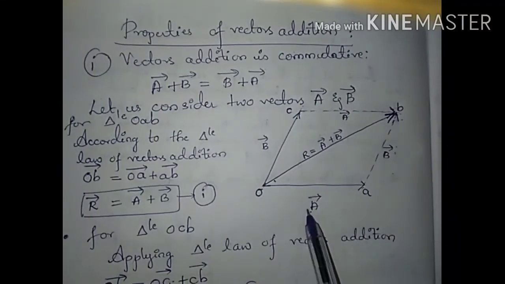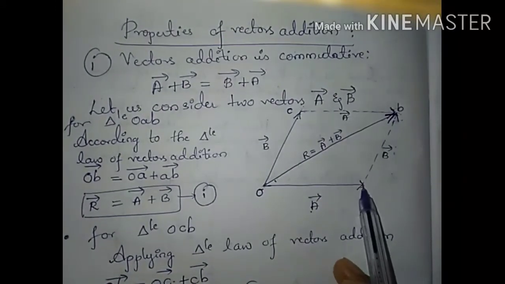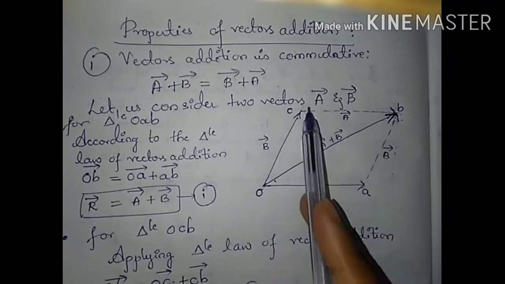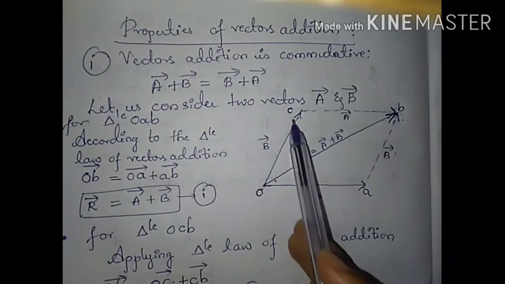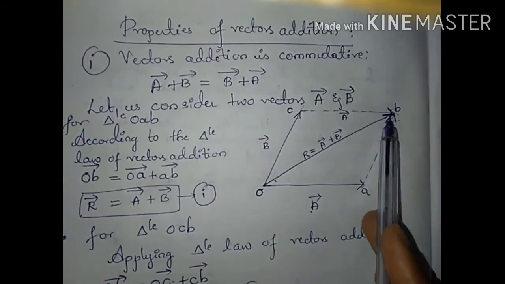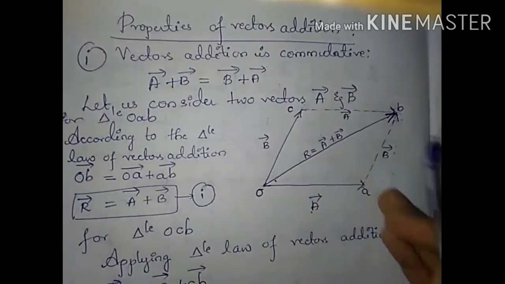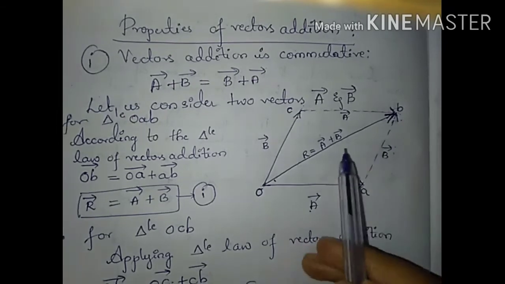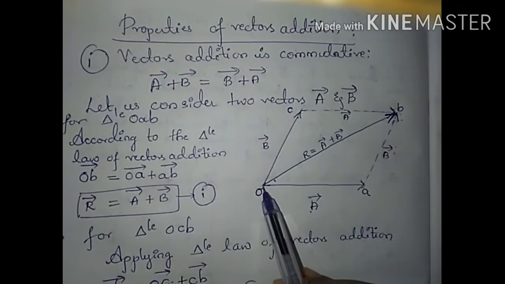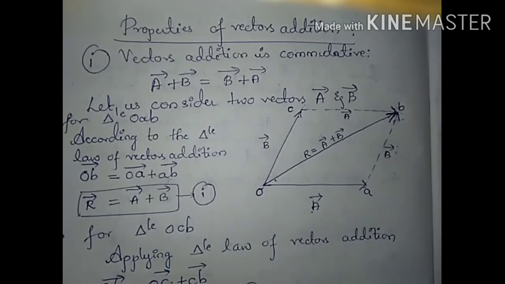OA forms the vector A and OC forms the vector B. So the vector which is parallel to A is drawn here, and the vector which is parallel to B is drawn here. So now overall OABC is a parallelogram. So in the last class we have learned that the diagonal of a parallelogram gives the resultant vector. So this line which is drawn from O to B is a diagonal of a parallelogram.